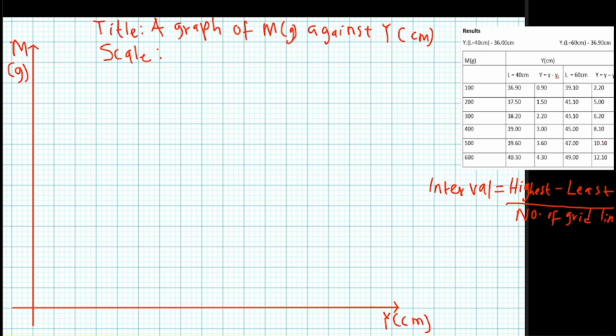The highest value is from your table of values, and the least value is the least value from your table of values. The grid lines I'm talking about are simply the bold grid lines that we have here.